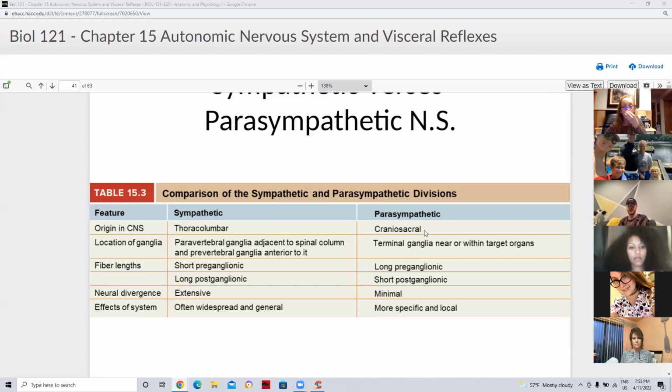The ganglia for the sympathetic is the paravertebral ganglion or the sympathetic chain ganglion. For the parasympathetic, the terminal ganglia are near or within the target organs. Fiber lengths. In the sympathetic, we have short preganglionic fibers and long postganglionic fibers.